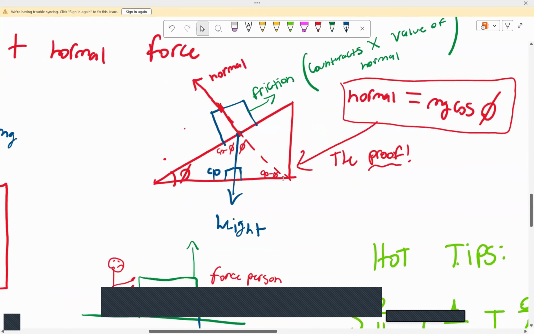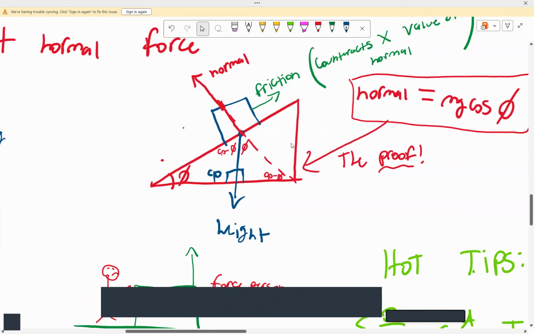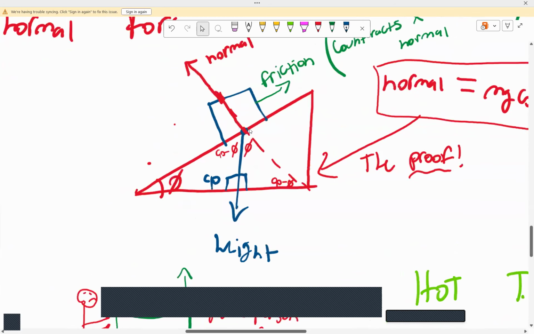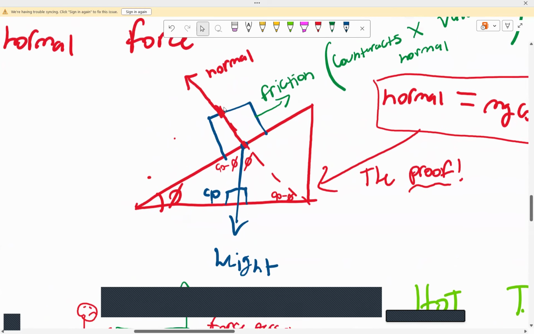I'll show you how I derive this as well. You have a weight force going from the center of your object, your little box here, straight down, which forms a 90-degree angle. Your normal force is always perpendicular to the object on your incline.